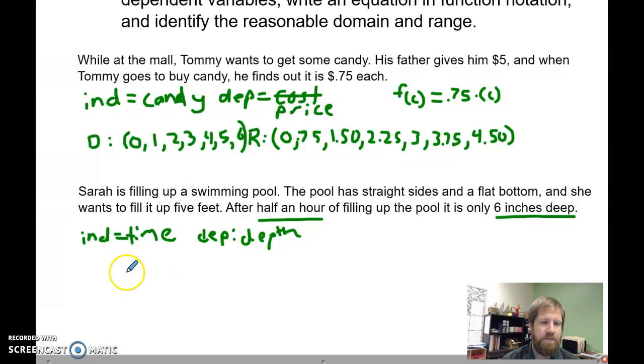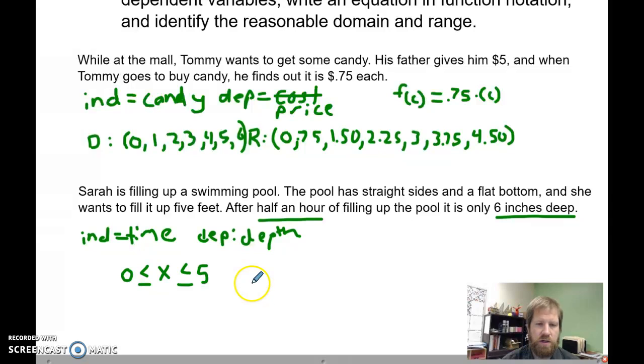So for our time, that would be 0, x is going to be greater than or equal to 0, and less than or equal to 5 hours, right?